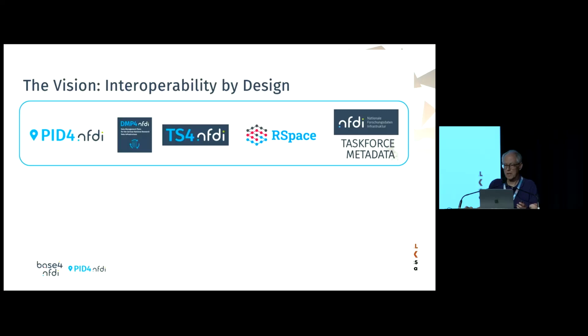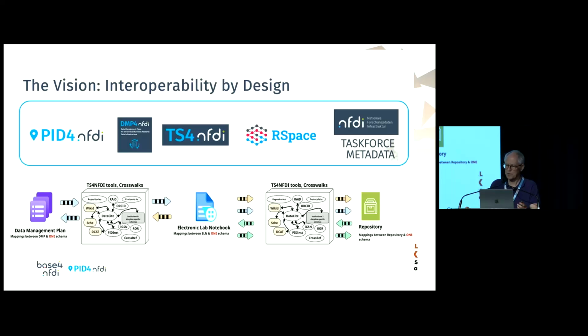So again, the hub, the PID coordination hub, brings together NFDI basic services and expects to connect and build, not to reinvent. So they're working with existing DMP infrastructures, existing ELN providers and repository managers, and in particular the terminology service and the NFDI metadata task force to make PID-enabled interoperability happen.